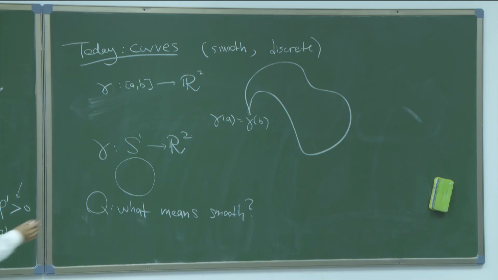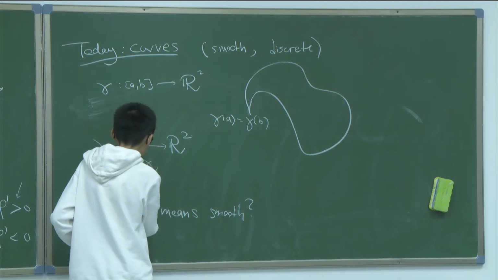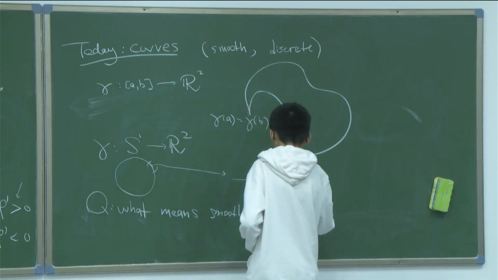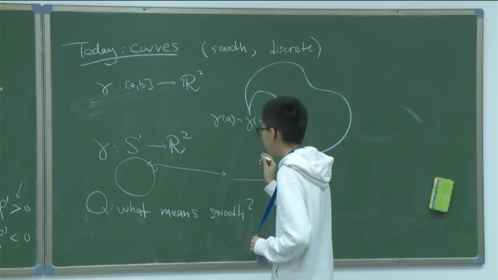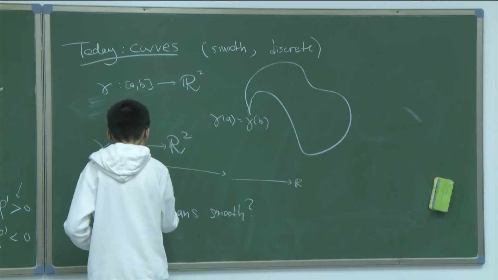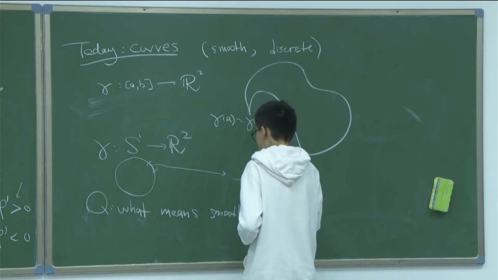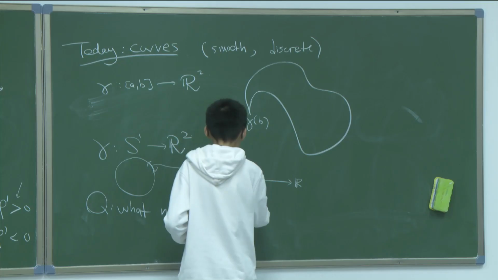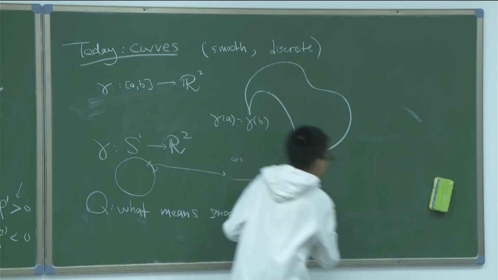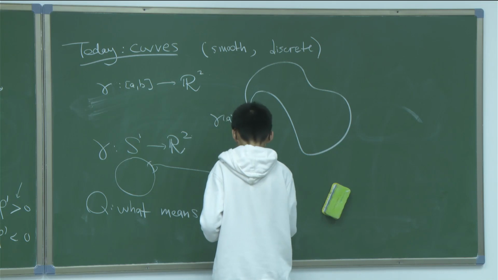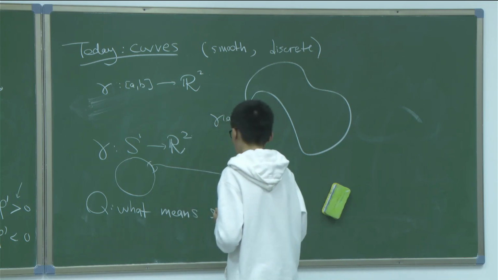For all intervals in S1, we know that this is a continuous mapping to R, right? Yes. But that's only continuous. Yes. We will consider the case when this is like cosine of V. Here we will only consider 0 and 1.